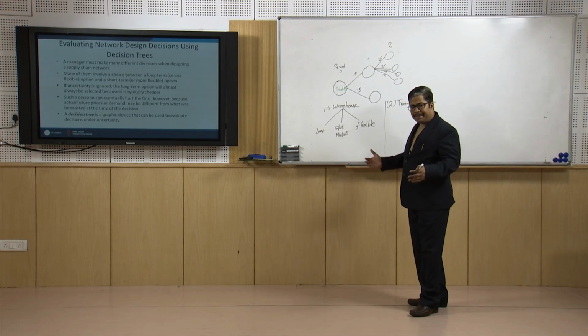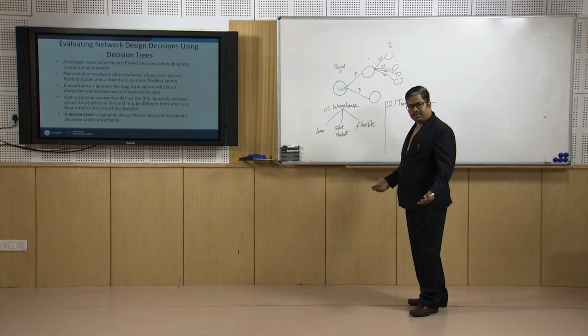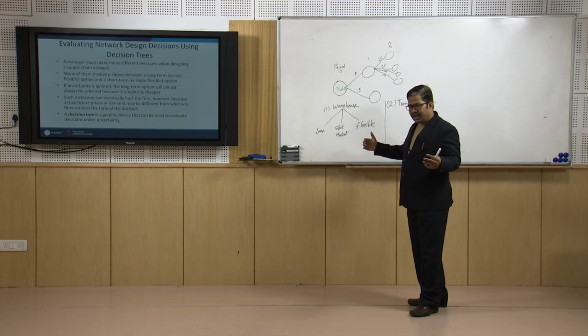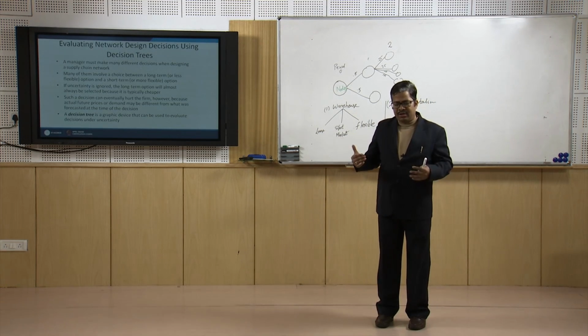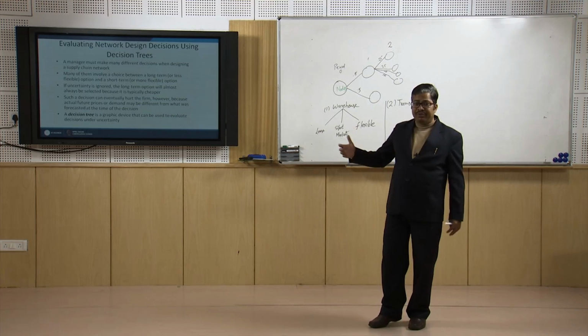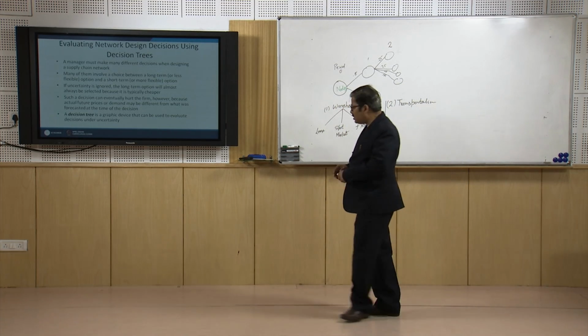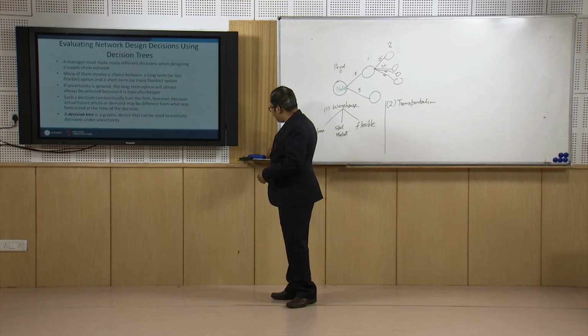You cannot change the capacity of a warehouse in a day or two. It is a long term decision, and it can very well affect the surplus of your supply chain. So, you have to be very careful about selecting this kind of options, and therefore, these mathematical models will help us to take appropriate decisions.